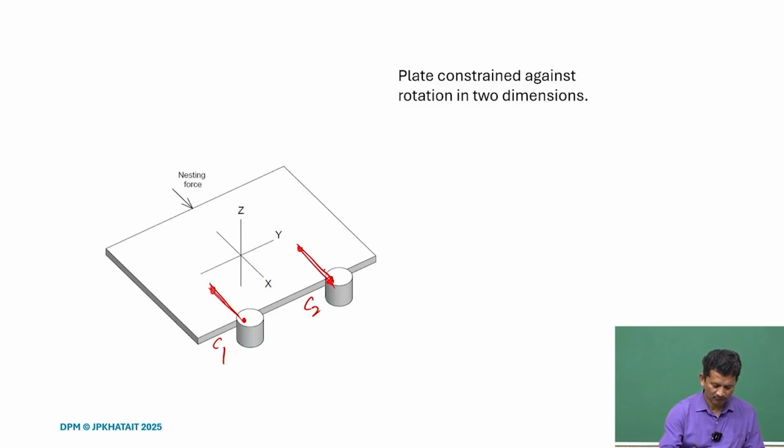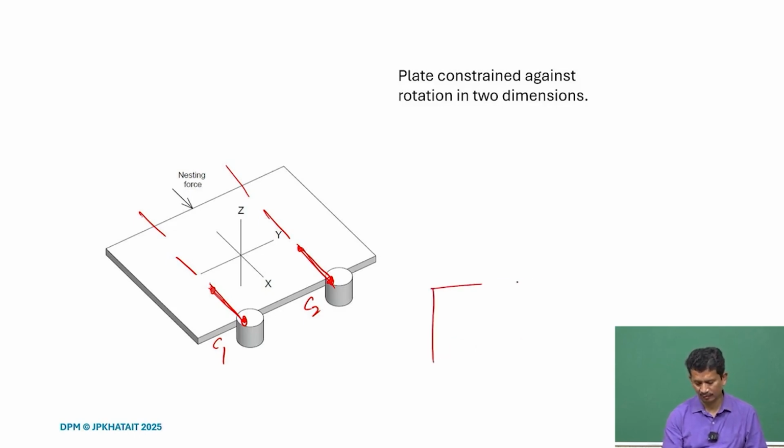I am using different terms, and we will talk about these terminologies again, but these are the lines along which the constraints are provided. So, it cannot move along this line. The constraints are provided along these 2 lines, which are 2 parallel lines.